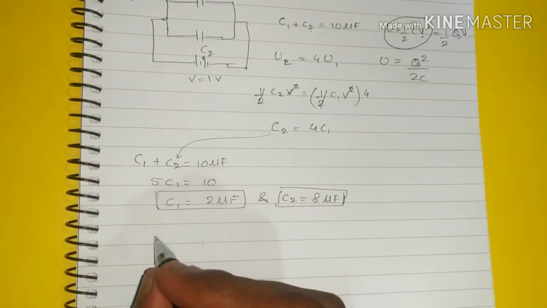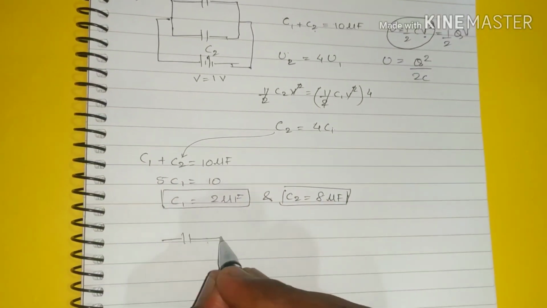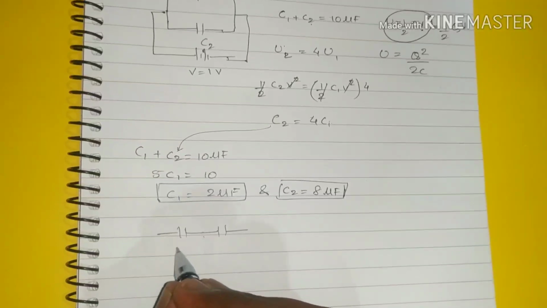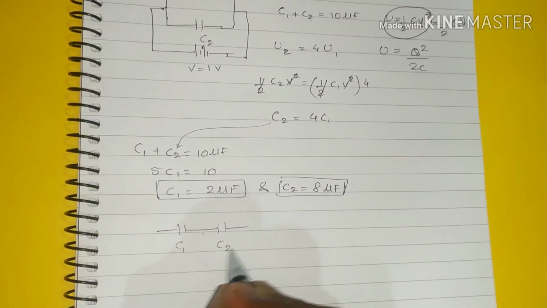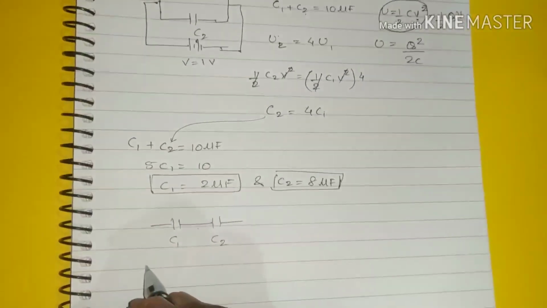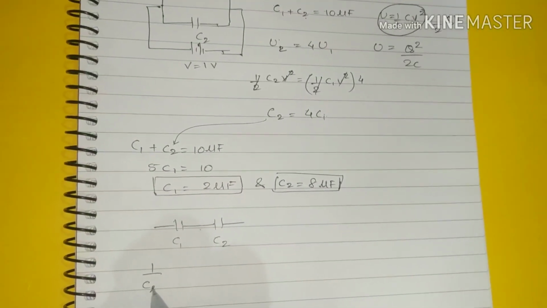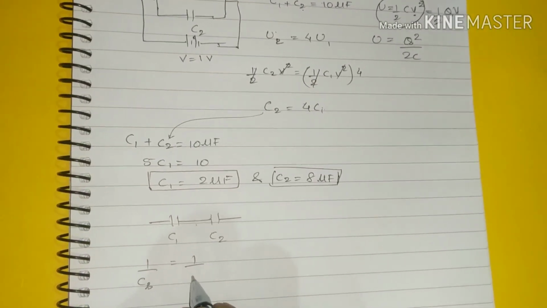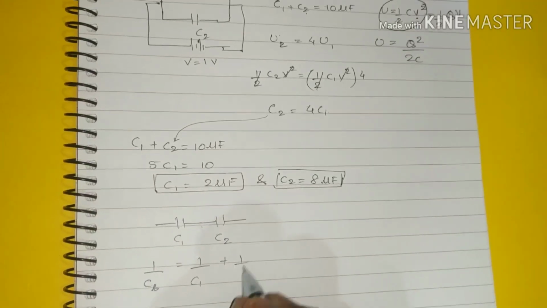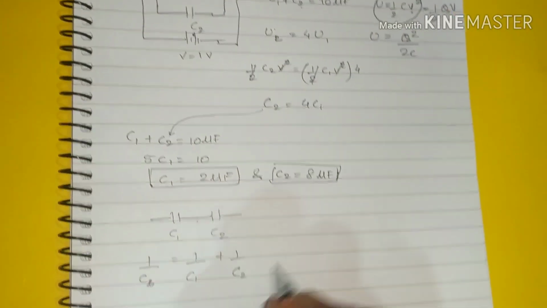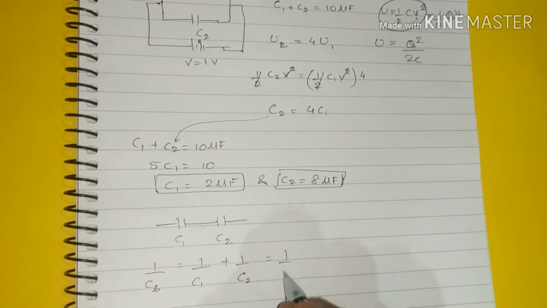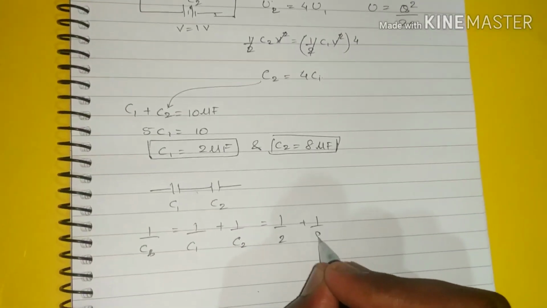You are supposed to find the effective capacitance after connecting these two capacitors C1 and C2 in series with each other. As we are very well aware, after connecting them in series, 1 upon Cs is 1 upon C1 plus 1 upon C2. I am simply substituting the values: 1 by 2 plus 1 by 8.